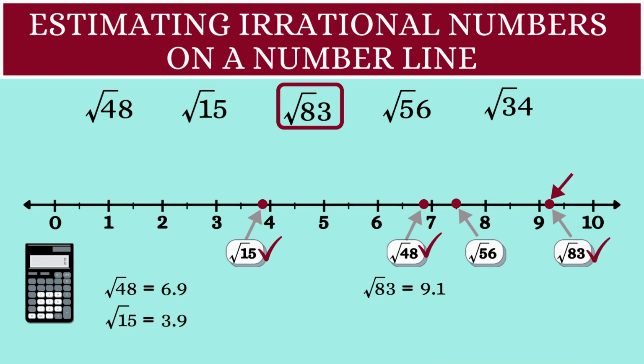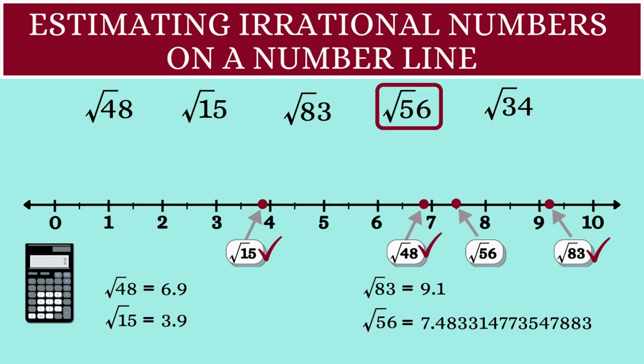Here again we are right. And square root of 56 is this value, which can be rounded off to 7.5, exactly around the midpoint.